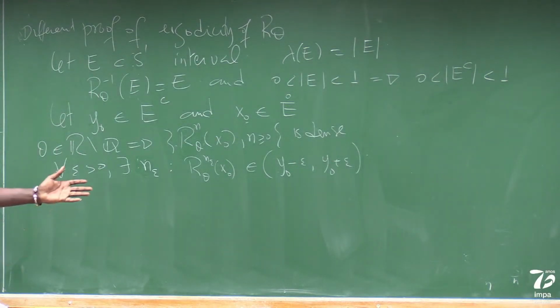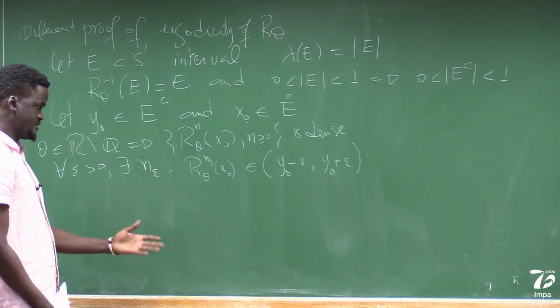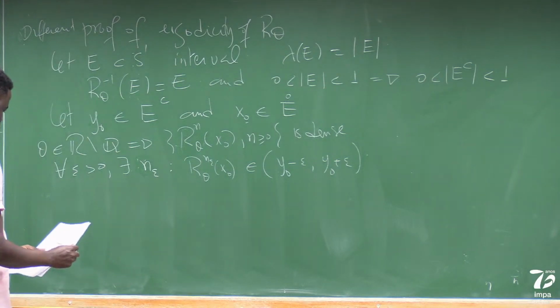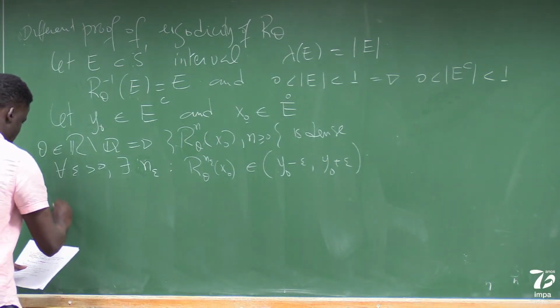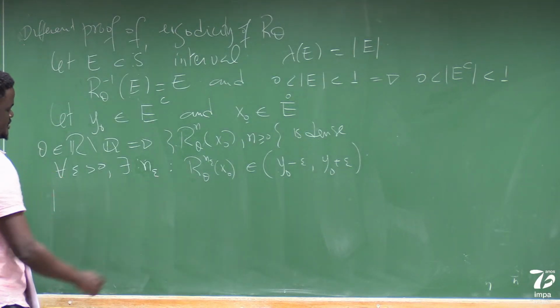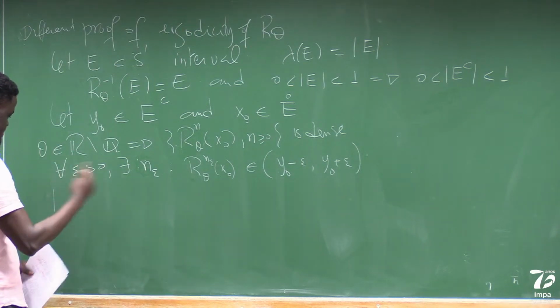Okay, this is just the definition of being dense. So in particular, what you have is Lebesgue invariant. R theta is just a translation.